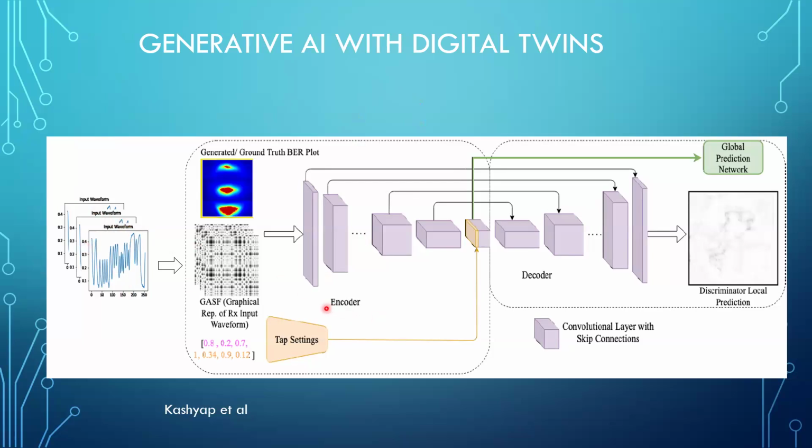Then we use what we call a GAN, a generative adversarial network, where you have two competing AIs. One AI keeps generating a fake image. The other AI is the discriminator, which tells whether it's a fake one or a real one. You train so that the generator generates the fake image so well that the discriminator cannot tell, and then you call it a converged solution, right?